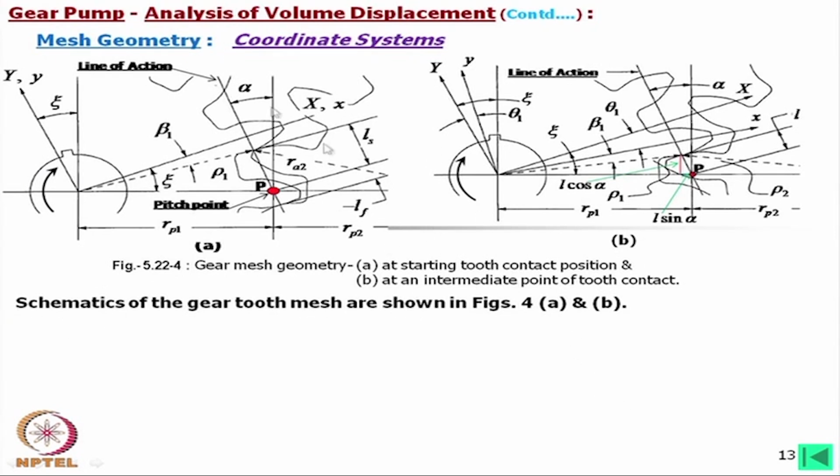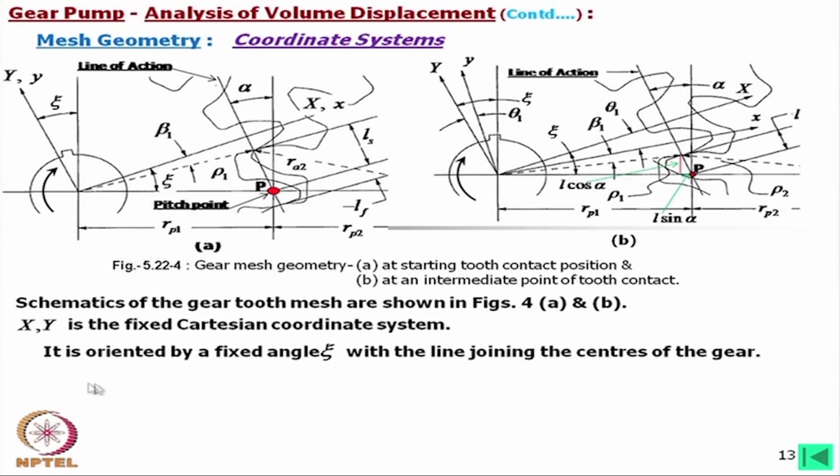In the coordinate system and mesh geometry, capital X and Y is the fixed Cartesian coordinate system, that is the fixed reference, and this angle is oriented by a theta angle with the line joining the centers of the gears.